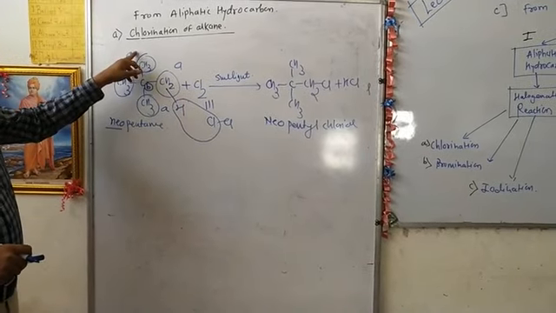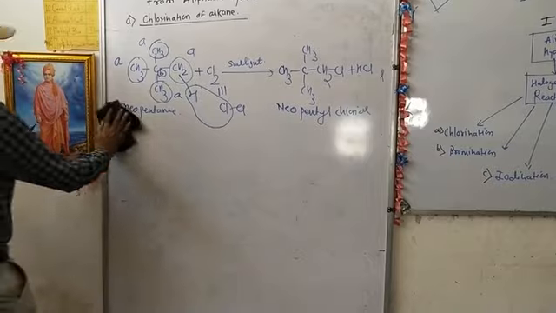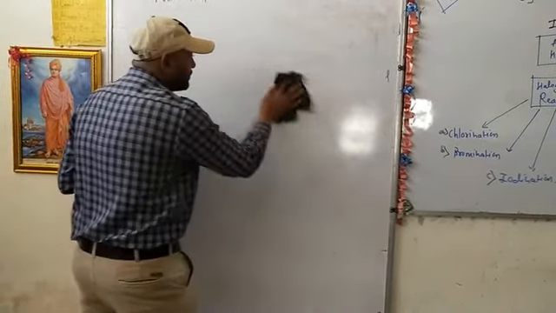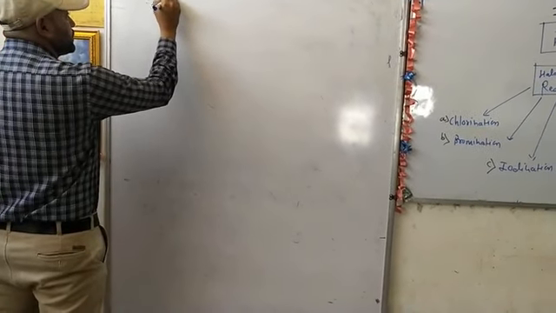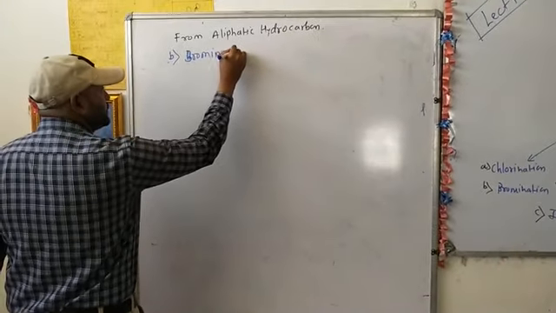Now the second reaction under halogenation is bromination of alkane. Bromination.